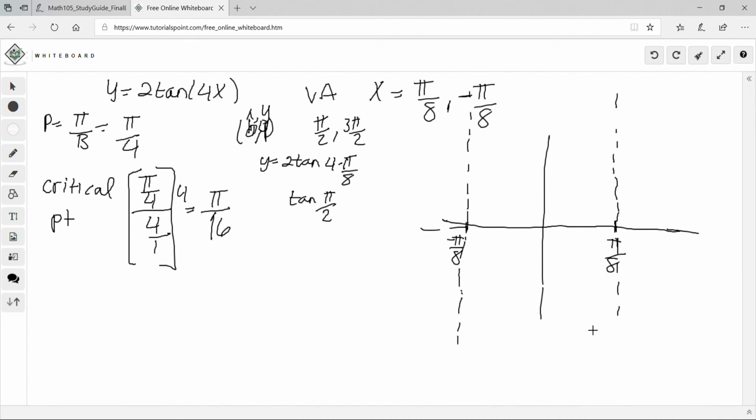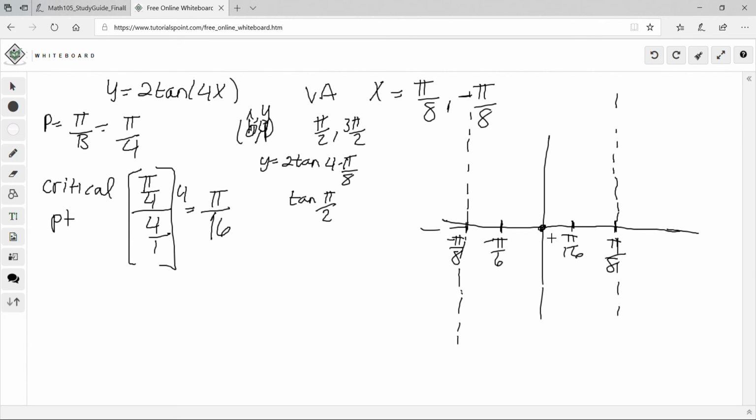Okay, we found our asymptotes. Now remember, tangent graphs can either go up like this, or go down like this. So this is where we have to use our test points. Our critical point is pi sixteenths, so we can use positive pi sixteenths, and then also negative pi sixteenths, and then also 0.